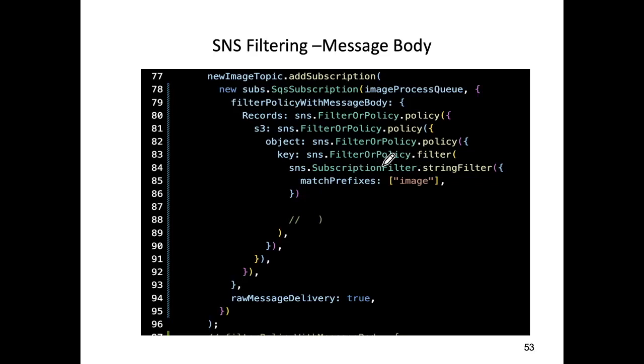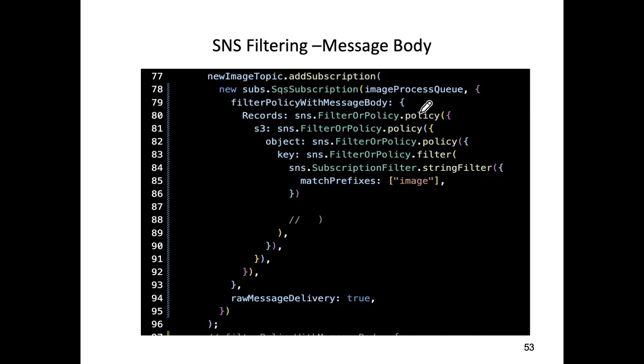It's a string-based filter, a matching prefix. So we're saying if the value assigned to this particular attribute within my message body begins with image, then let the message go through to the subscriber, i.e. SQS.